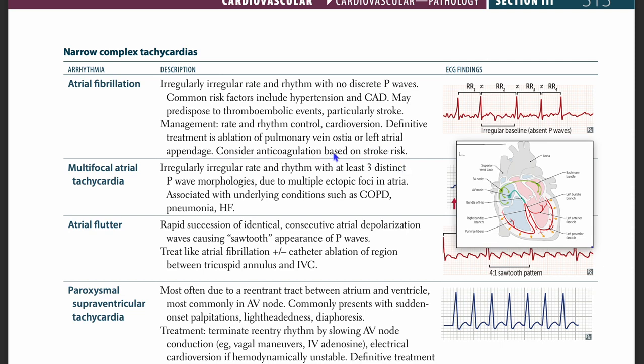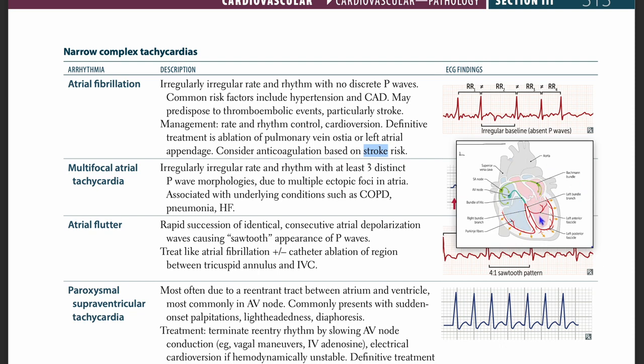Consider anticoagulation based on stroke risk. So this is also important because after atrial fibrillation, a person who suffers through it, after a few days or months, they suffer from stroke. Why? It's because during fibrillation, the blood was being stagnant in the chambers, and when the blood is stagnant, what happens? Clot forms, right? So there was some clotted blood, and now that it's on this side, it doesn't go through the lungs, where an embolus can cause more problems.